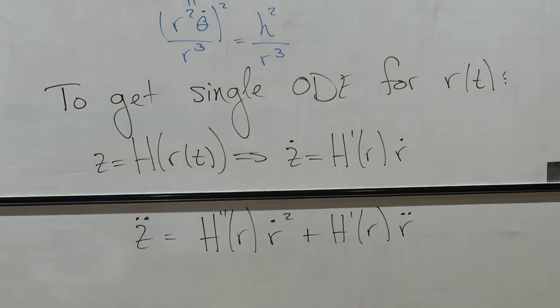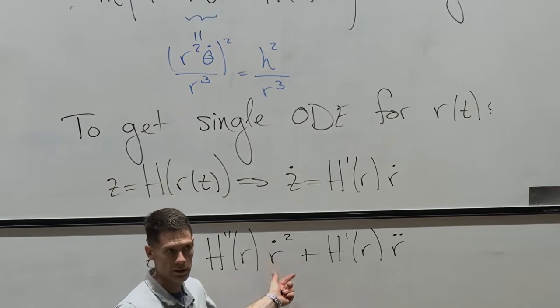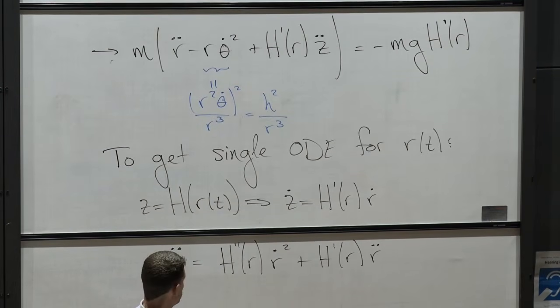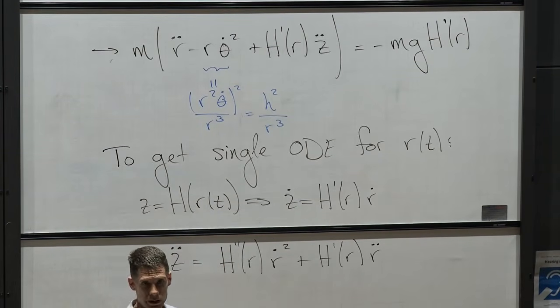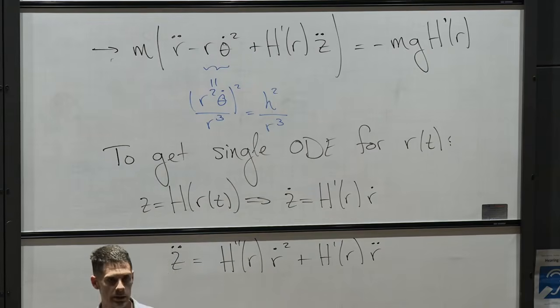The problem with that calculation is that it's very, very messy. It's very ugly. It's got an r cubed in the denominator. It's got all sorts of nonlinearities, r dot squared, and so on. So it's possible to do it that way, but you probably have to do it numerically. We will pick up on Thursday with the energy approach and see if we can make better progress. Let's stop there.